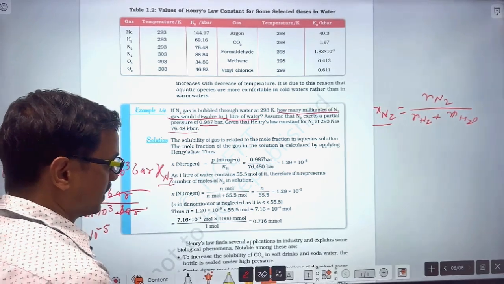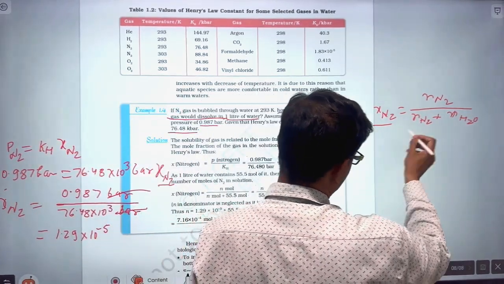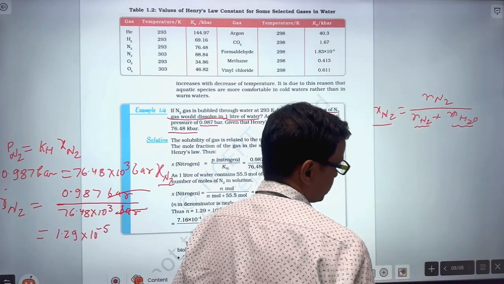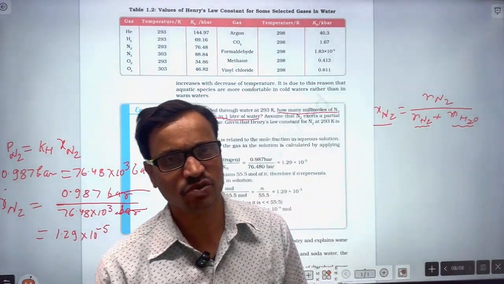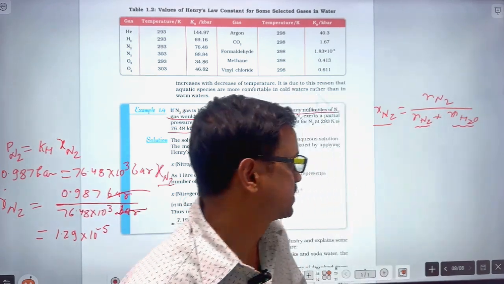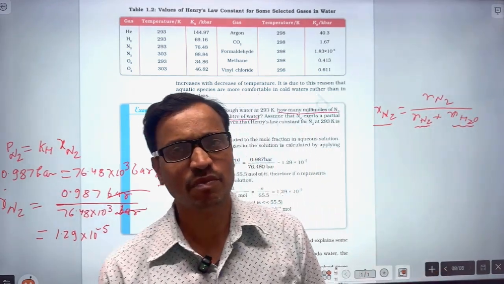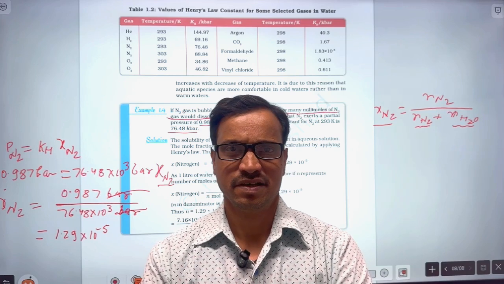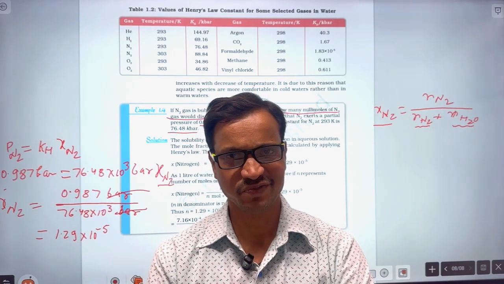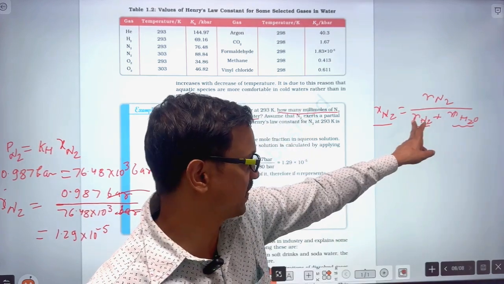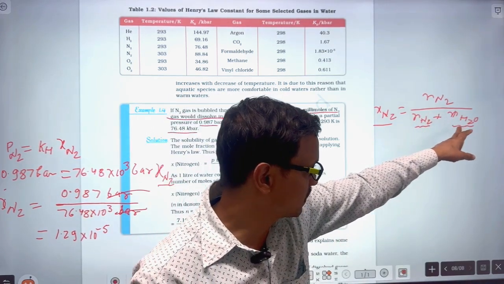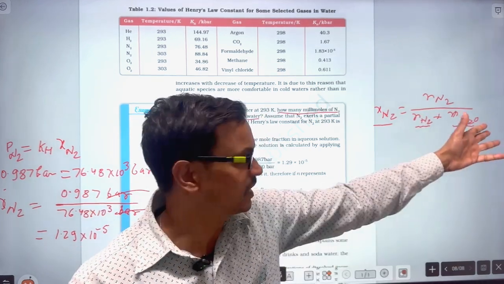So when you add the number of moles of nitrogen plus the number of moles of water, it will be equal to the number of moles of water, because the nitrogen value is very small. A very large quantity plus a small quantity is that large quantity.